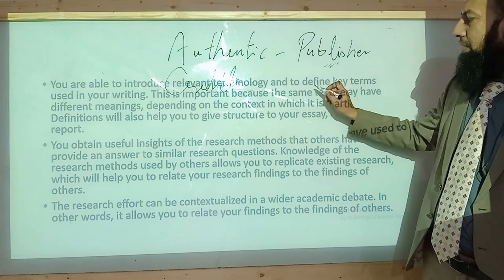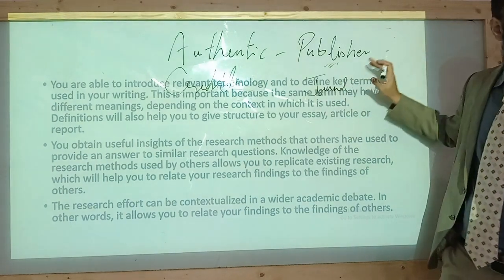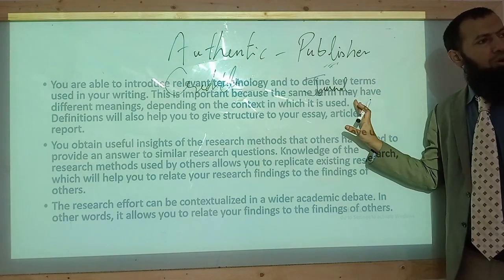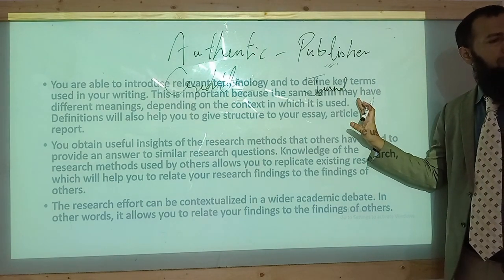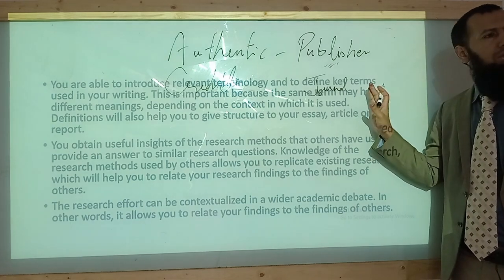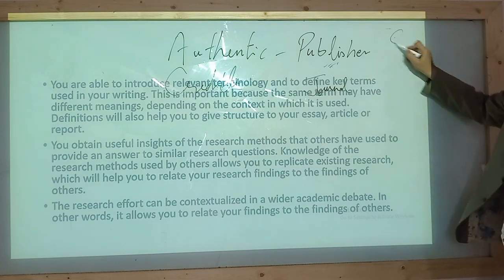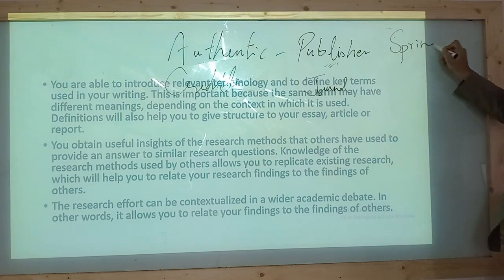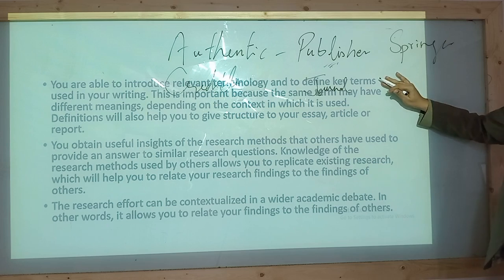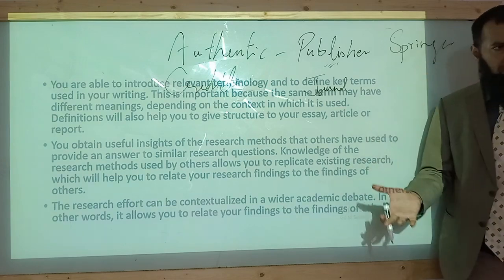Then the journal name is also important, because every journal does not have the same fame, same exposure or same acknowledgement of any publisher. For example, if you see Springer is the publisher, not every journal has the same acceptance.